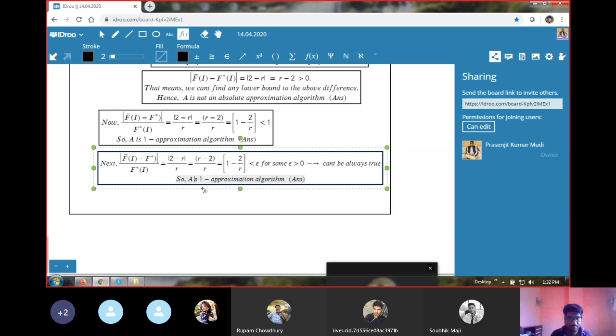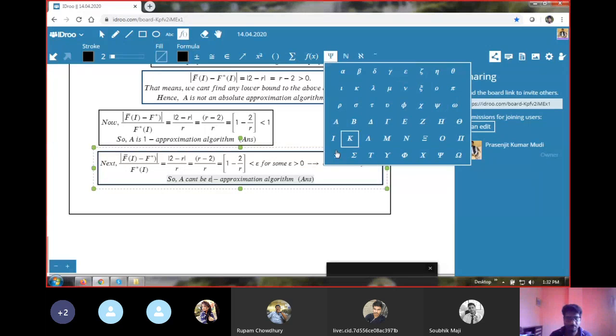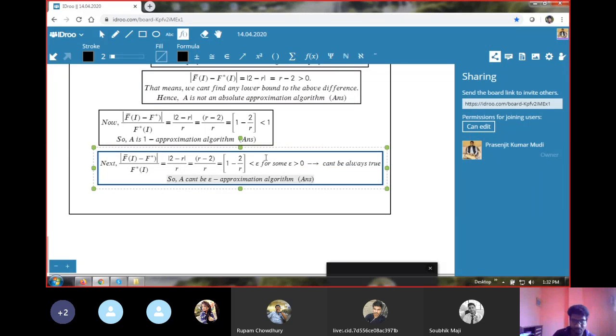Can't be epsilon approximation algorithm. Can't be always true. Yes, we may find, okay, interestingly, this is not can't be true.